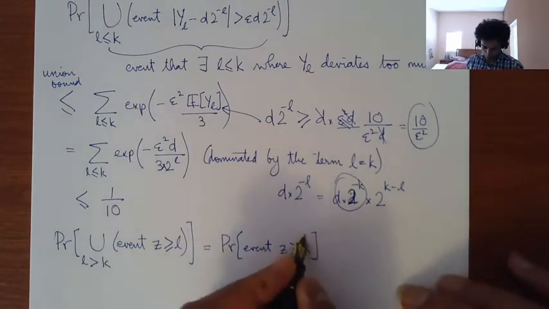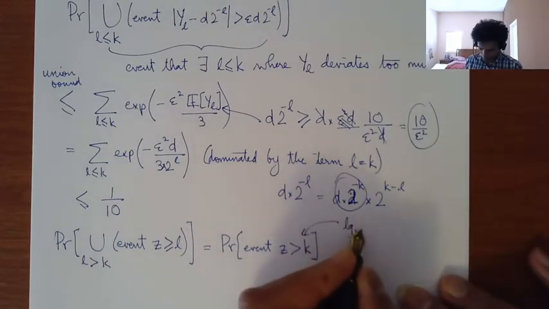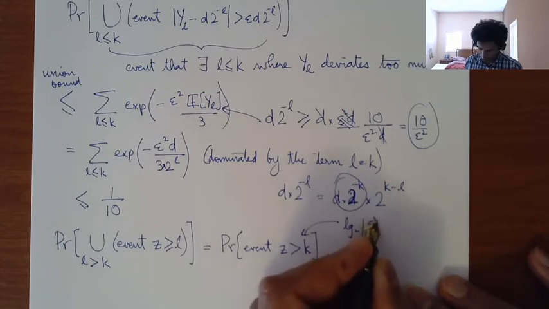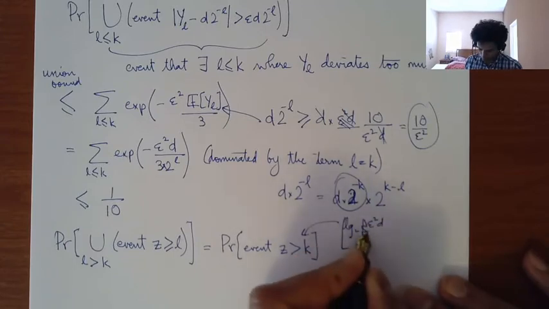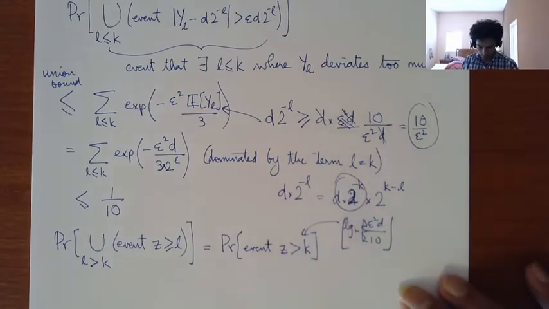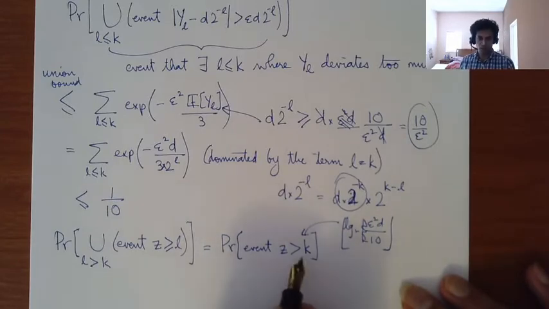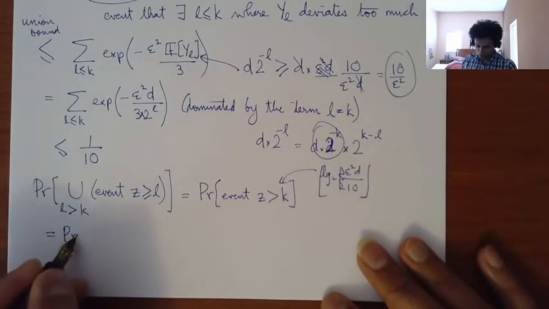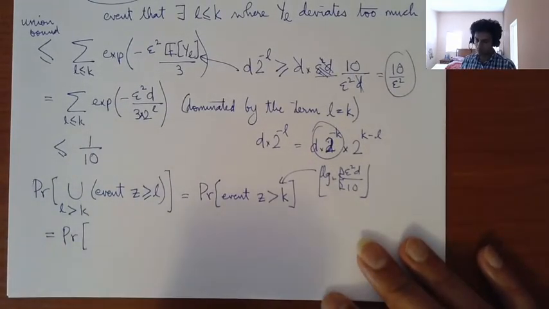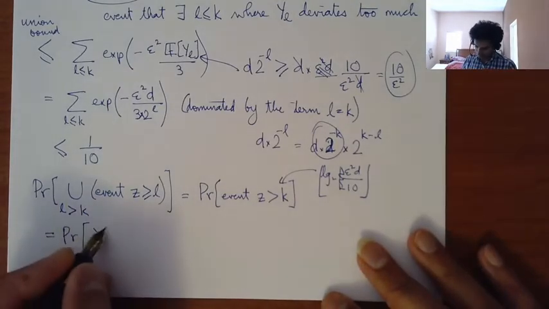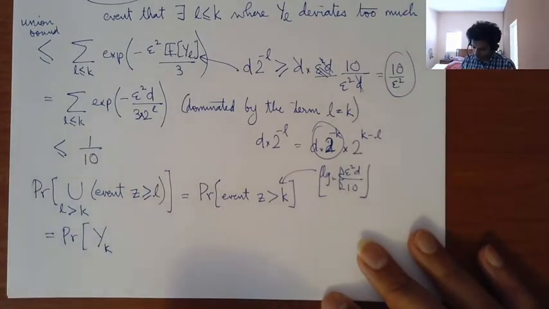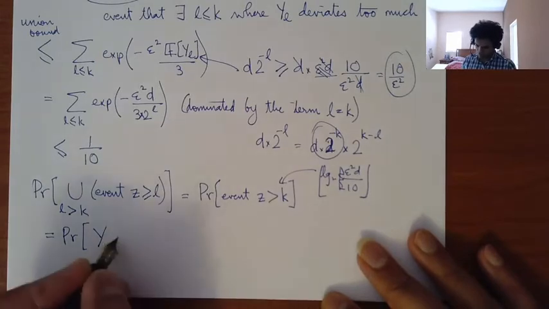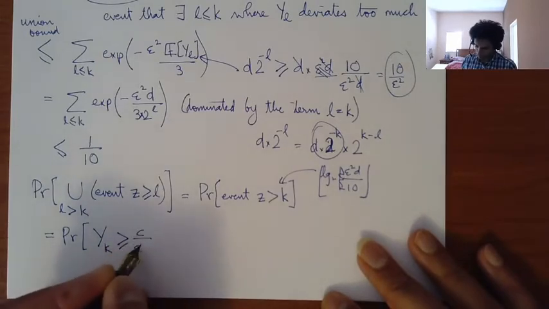And remember that k was log of epsilon squared d over 10. So this is the event that z is going to be greater than k. Now this is essentially the event that y of k is greater than or equal to c over epsilon squared.